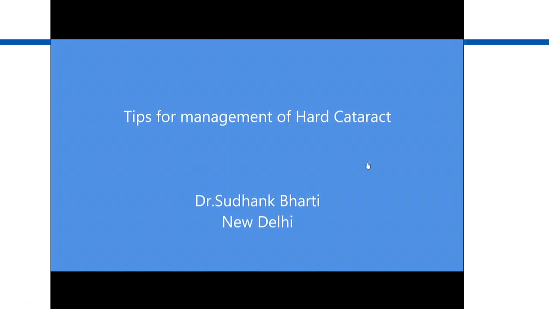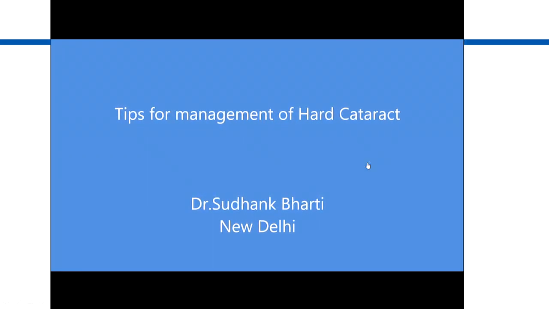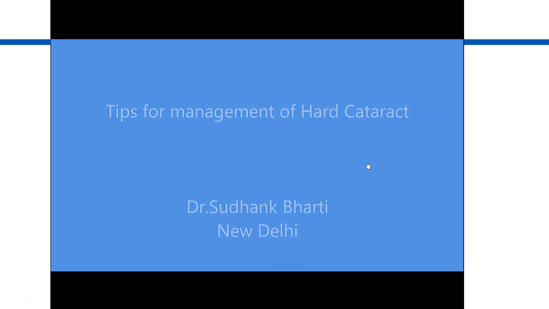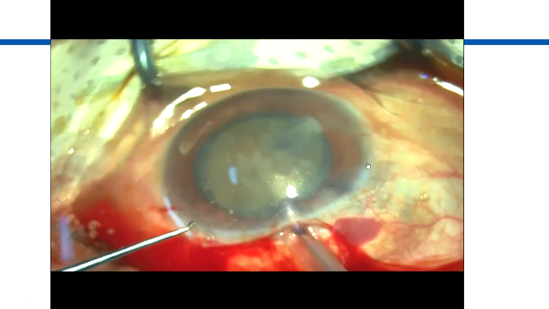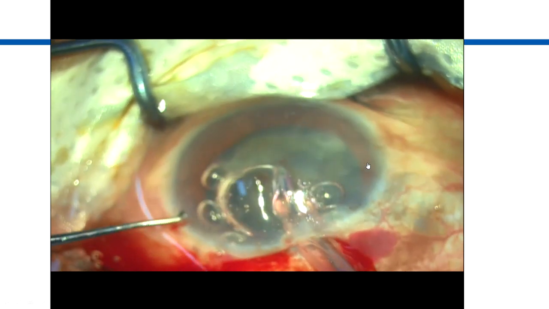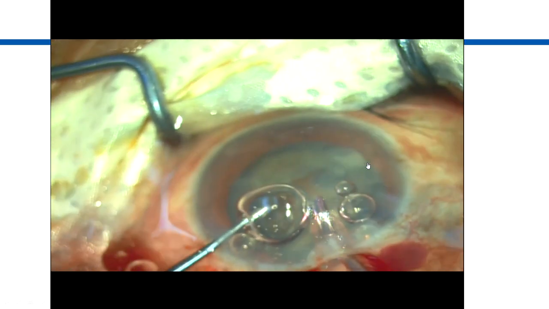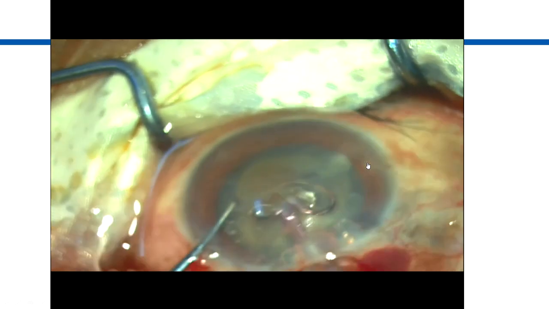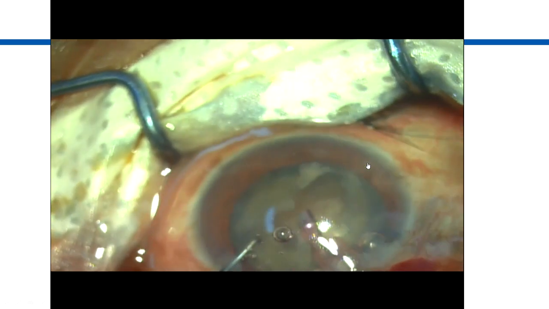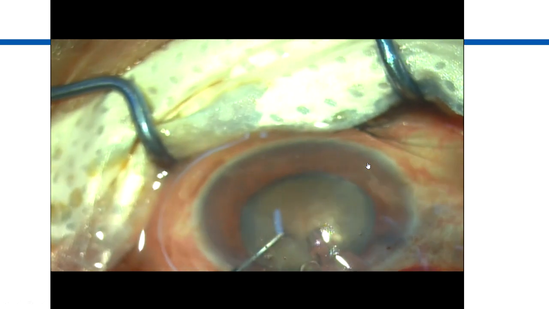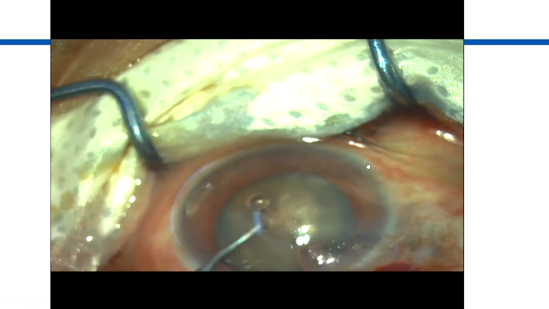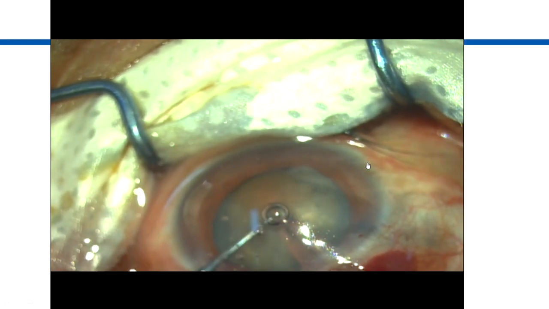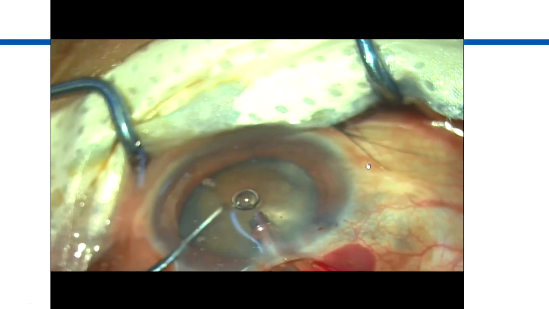I'll just demonstrate one case where the cataract is very hard. And as you can see, this is a very hard cataract. The rhexis is already completed here, and this same machine is being used, the Cube Alpha, and you can see the cutting power.